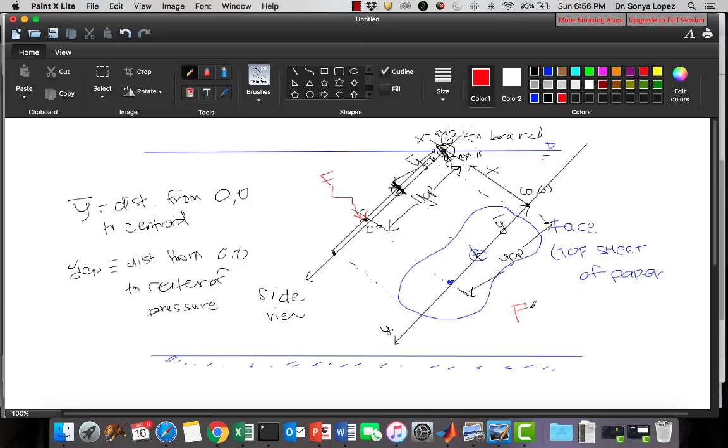Force is equal to gamma h A, but we're trying to figure out what this h is. Through a series of derivations provided in your book, this h is actually the distance from the top surface to not the center of pressure, but the centroid. So this distance here is h bar.